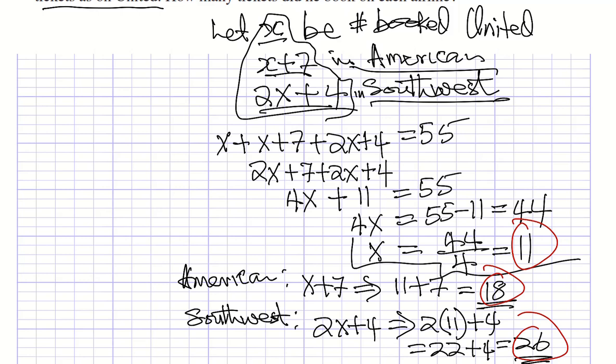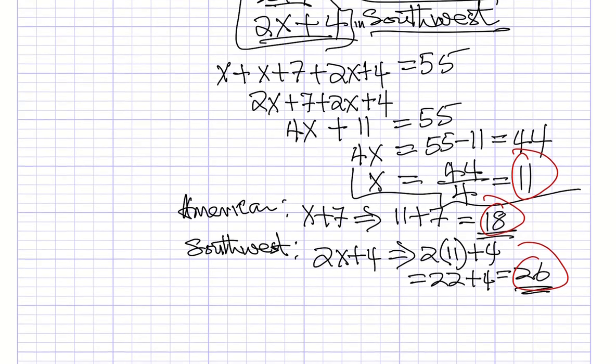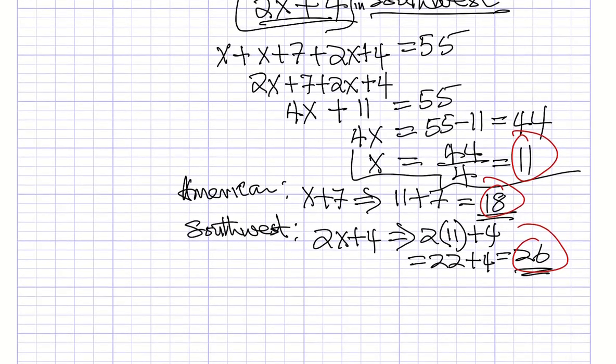So basically, he booked 18 tickets in American Airlines, 11 tickets in, what is the first one? United. And he booked 26 in Southwest. That's all that is saying, man. It's not saying more than that.